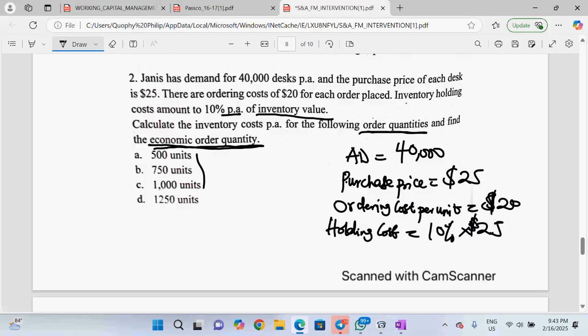So when we do this, we want to know which of these gets the least cost, because we know what the use of the EOQ is. The EOQ gives us the minimum optimum level that will give us the least cost. Economic, right?